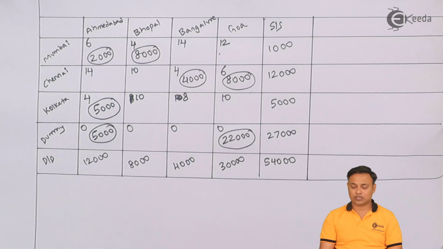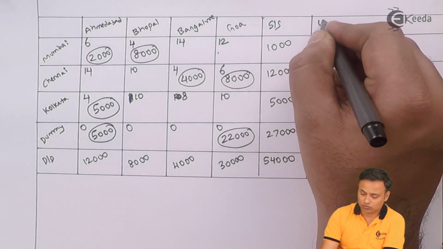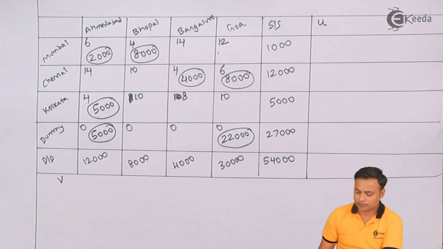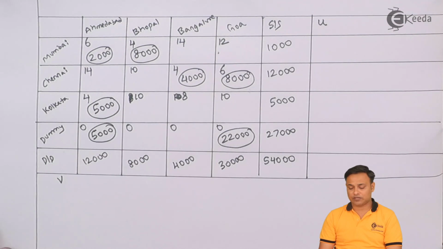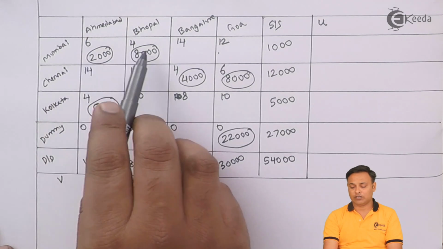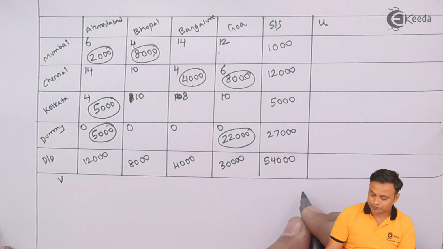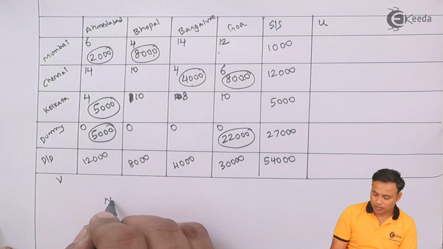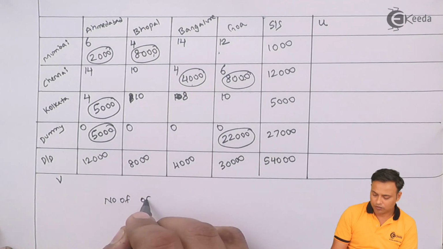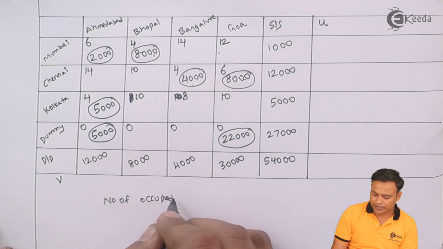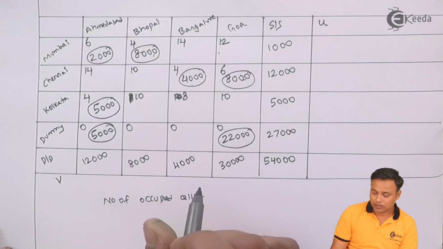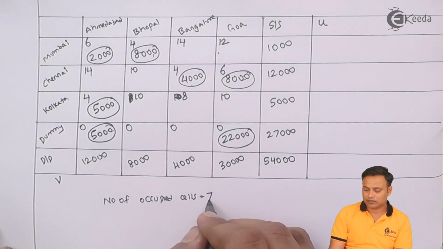Now we are just going to check the U and the V values again. Here is my U, here is my V. Before proceeding further, let's check the number of occupied cells. We have 1, 2, 3, 4, 5, 6, 7. So my number of occupied cells is 7.